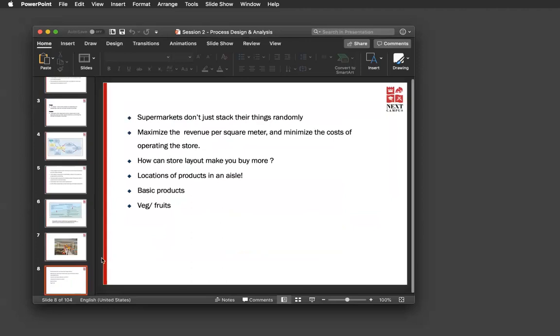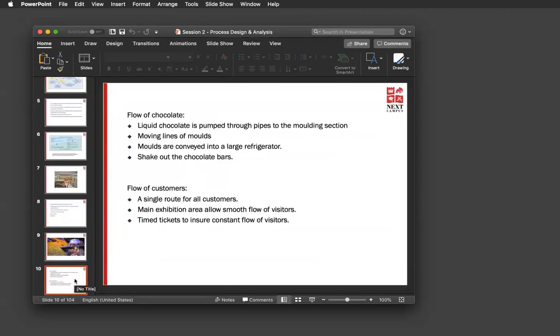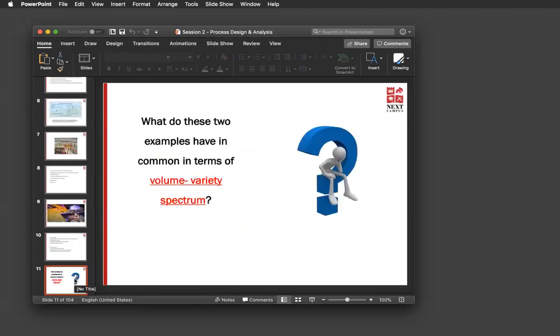So there are certain examples in the slides. You can look at it, like for example chocolates, supermarkets, right? All what they boil down to is where does that product or service fit in the volume variety spectrum.